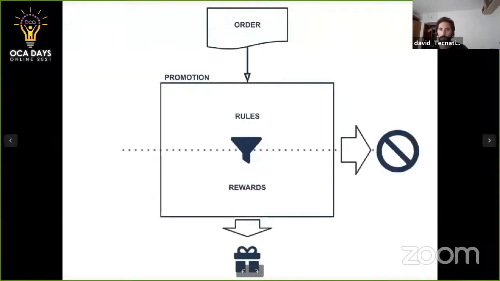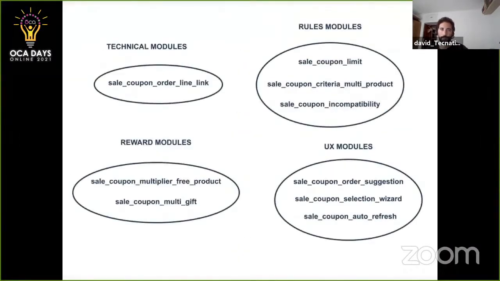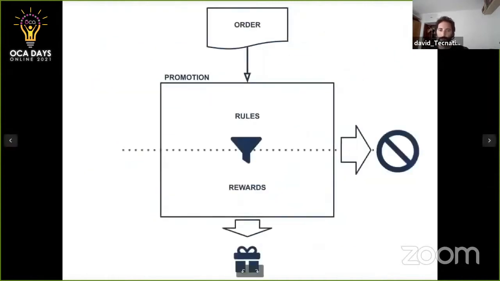Okay, let's see what we got here. These are the modules. We have got a couple or so more, but we'll be covering these ones, which are, I think, the most interesting. I made this classification, just the classification I came up with. There are rule modules, if you remember the scheme, those modules who act in this part of the promotion.